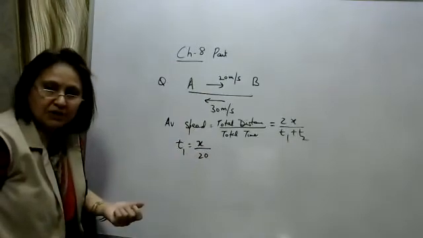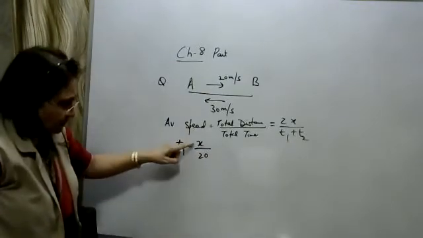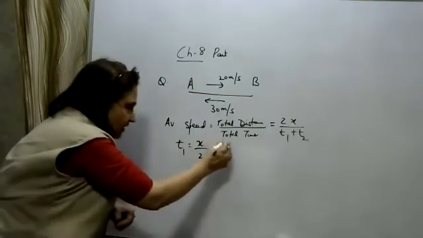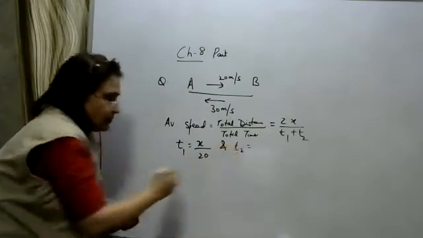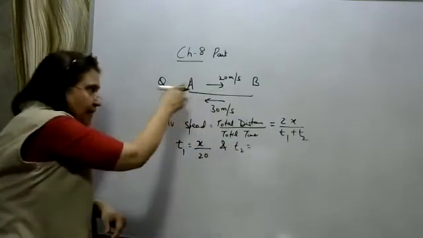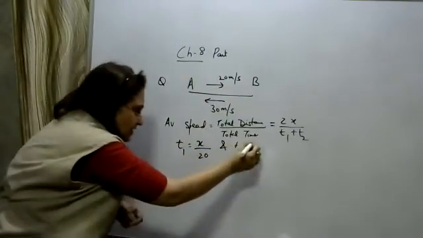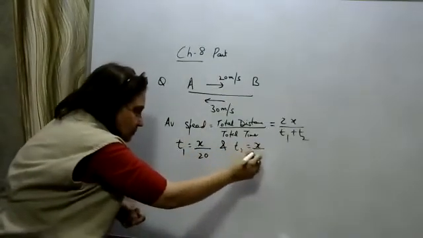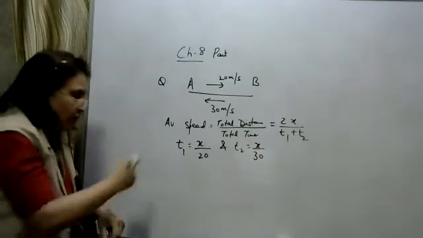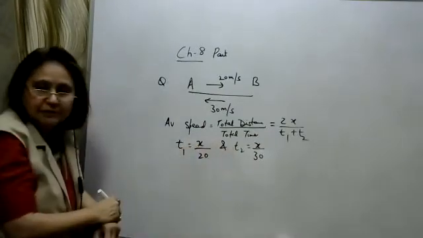So t1 is equal to x by 20. And t2 is equal to, again, distance upon speed. While coming back B to A, the distance is again x, and what is the speed? 30 meters per second.